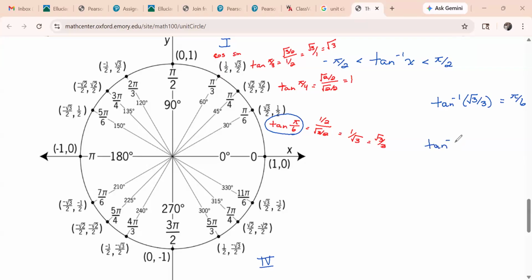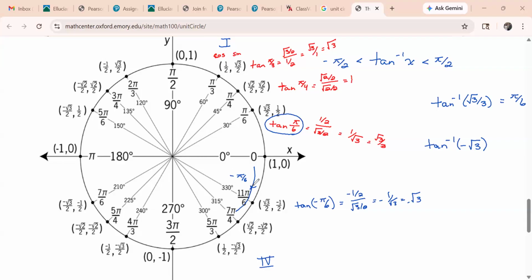Now, if I was looking for inverse tangent of negative square root of 3, that's going to probably put me down here if I'm looking for the negative. Same thing again. Remember, if I'm going this way, this is a negative pi over 6. So at negative pi over 6, that's going to be negative 1/2 divided by square root of 3 over 2, which is going to be a negative 1 over square root of 3.